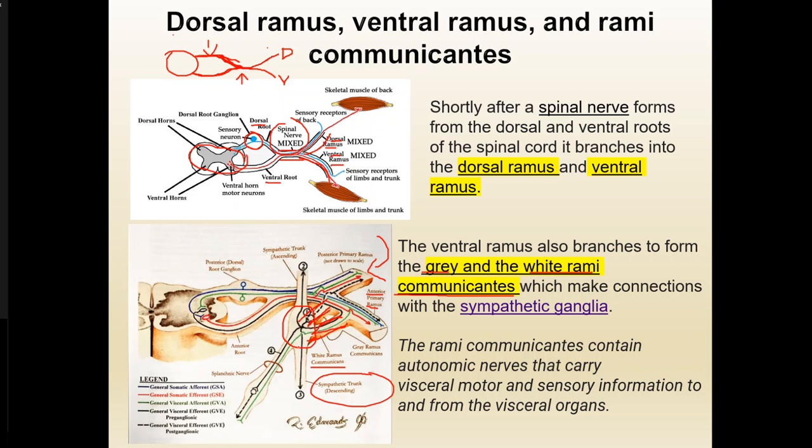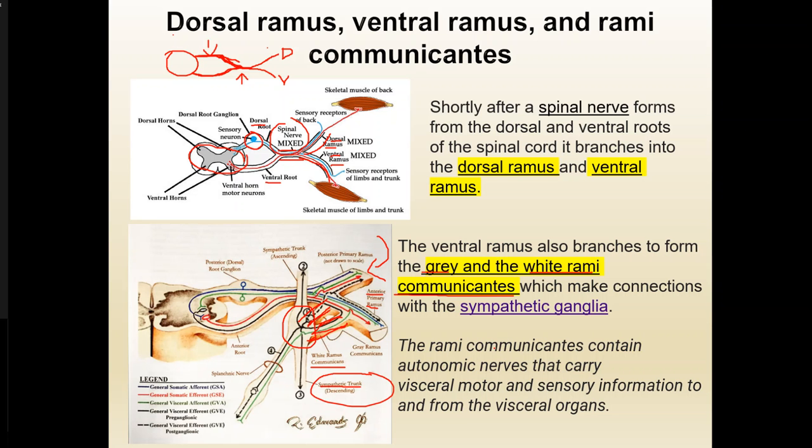So spinal nerves are in direct communication with the sympathetic trunk through your white and gray rami communicantes. This is extremely important. You cannot miss knowing this, because otherwise you wouldn't have a big picture in mind of how everything here is in communication with everything.